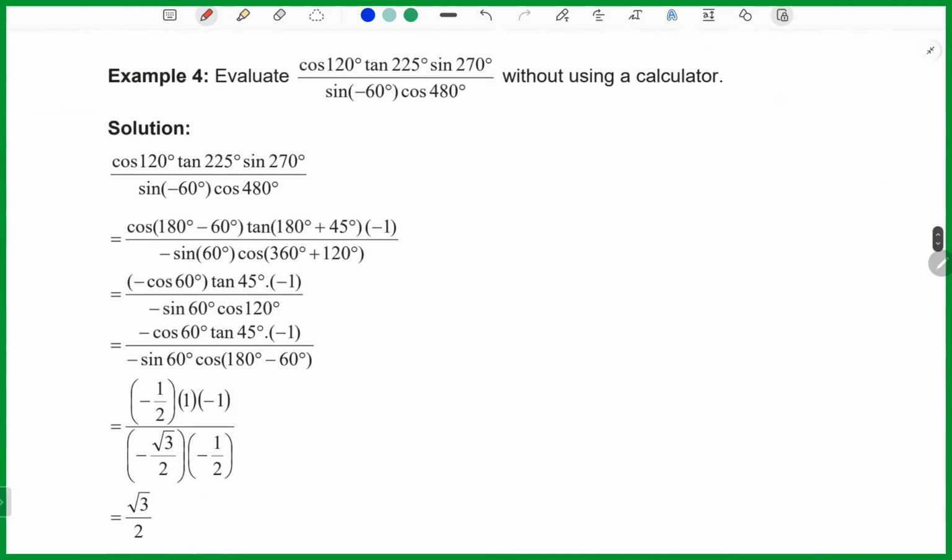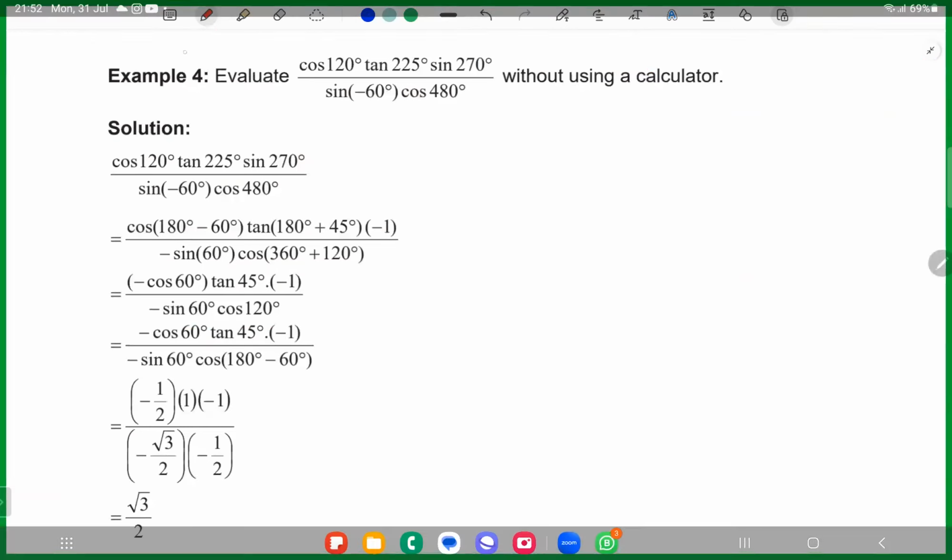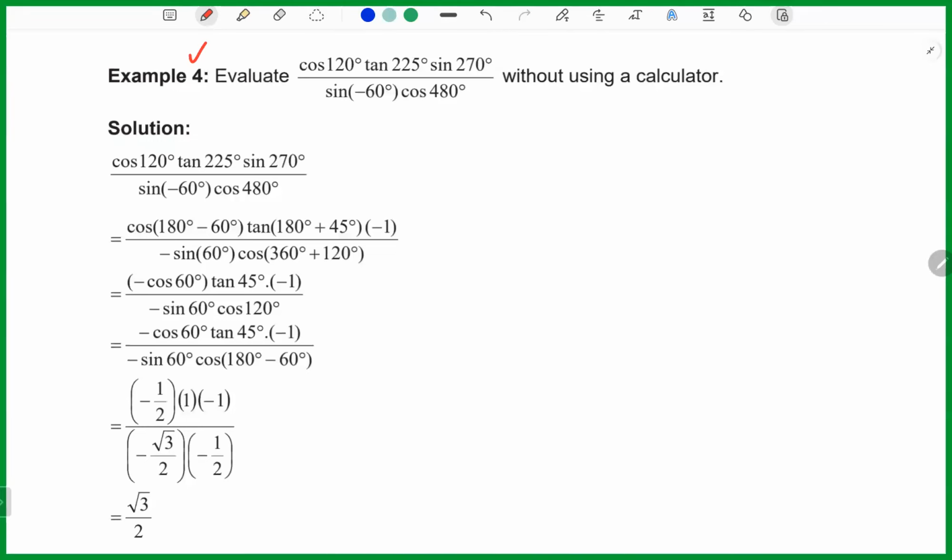In example 4, we need to perform another simplification that comes in the matric finals. A student must be able to simplify this kind of problem. This says we need to evaluate; the word evaluate means we need to determine the value of.